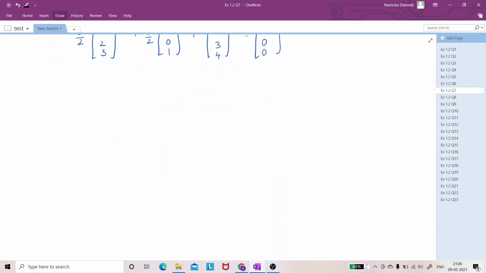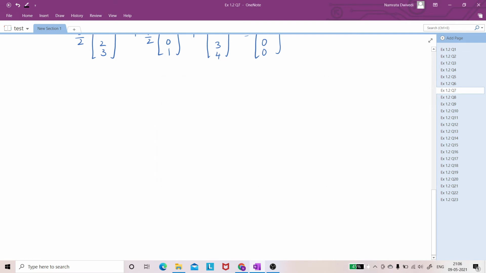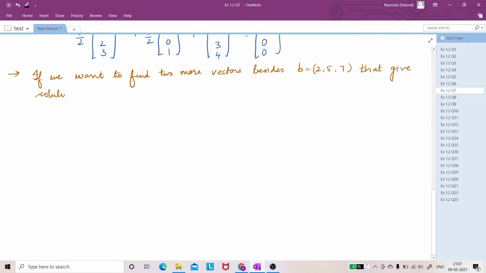Now, the second part. What does the second part state? If we want to find two more vectors, in accordance with the question which has been asked, beside b equal to 2, 5, 7, that give a solution to the vector equation, we have solved this.